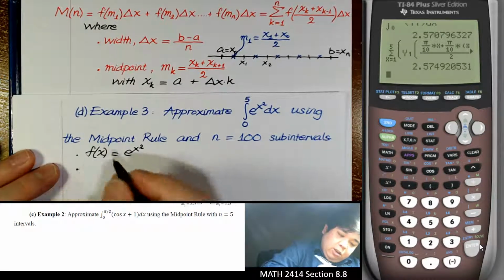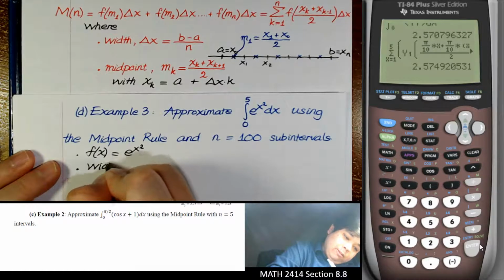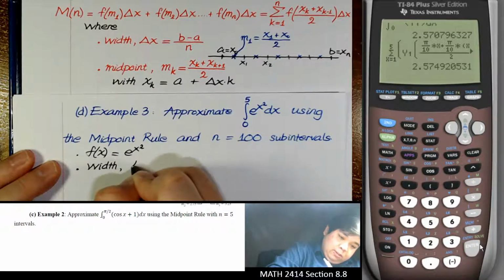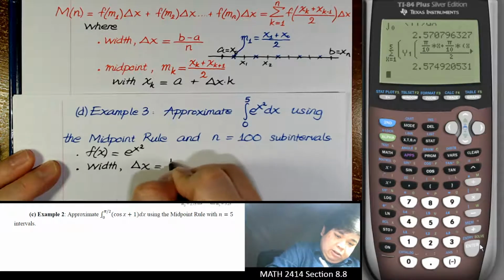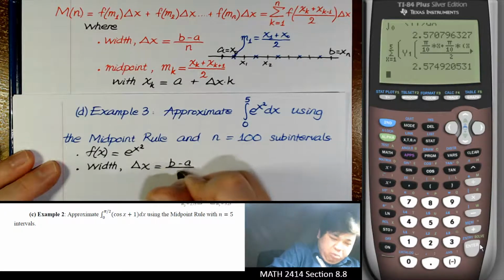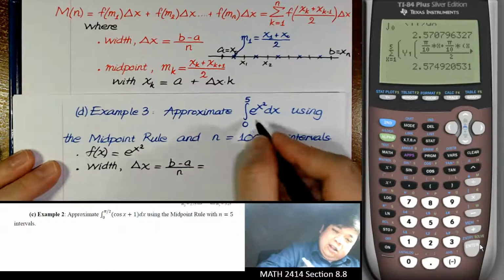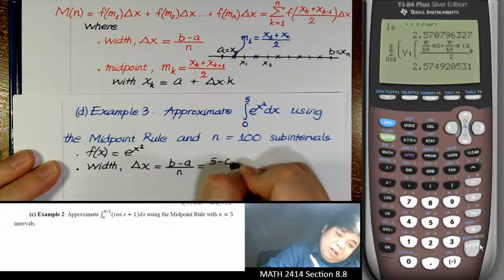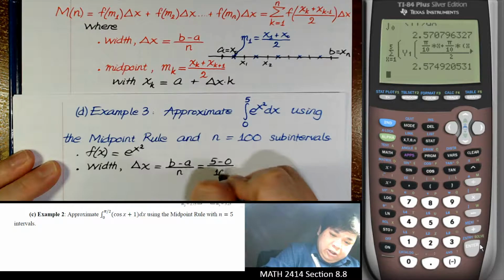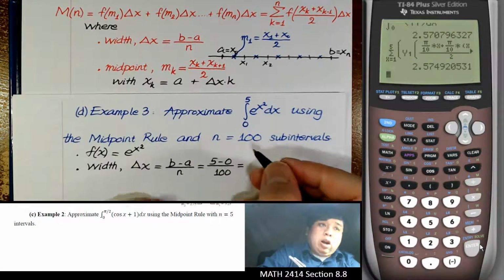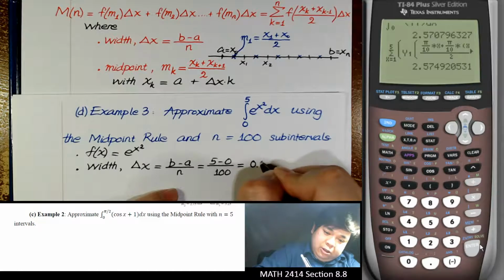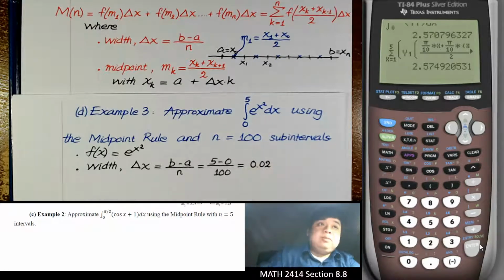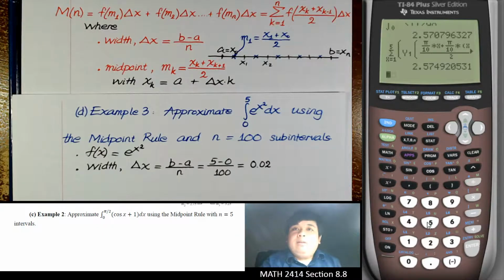Next, the width. Delta x, b minus a over n, 5 minus 0 over 100, 5 over 100, 0.05. And then later on we're going to need to use that anyway.